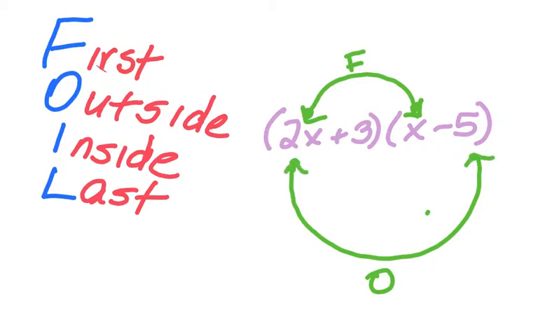So you can probably guess the two that are closest together make another smiley face, and that is I for inside. And either you can figure out the last two that are left or the last term in each binomial, and that would be L for last.